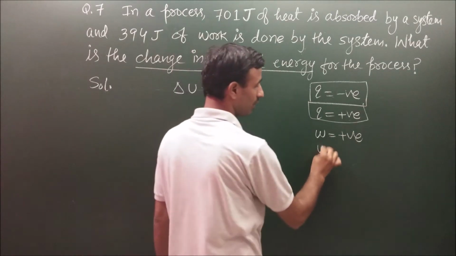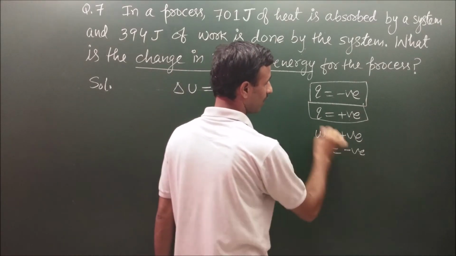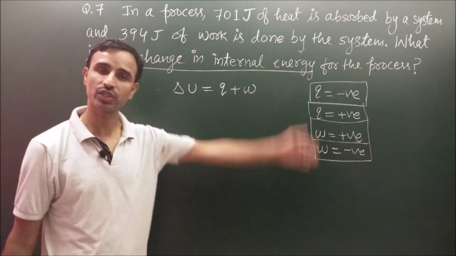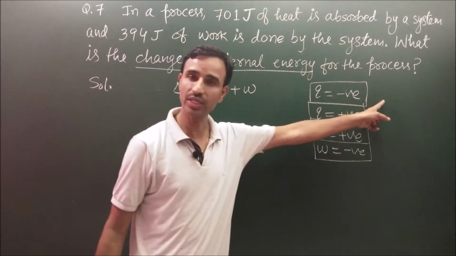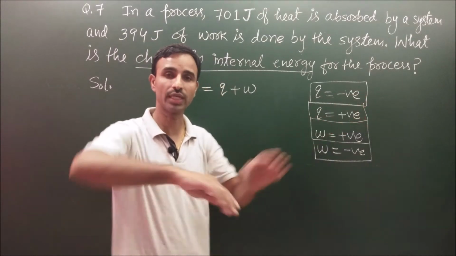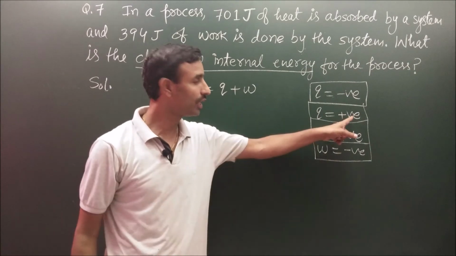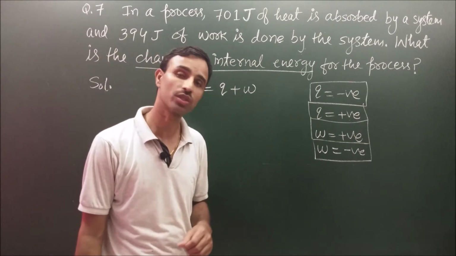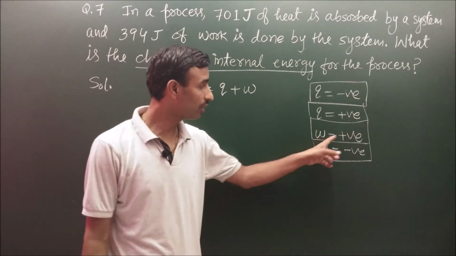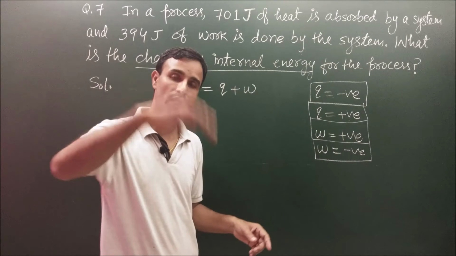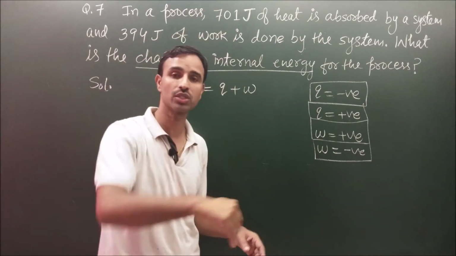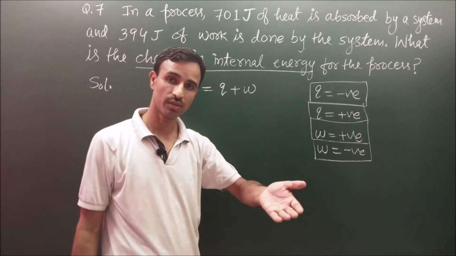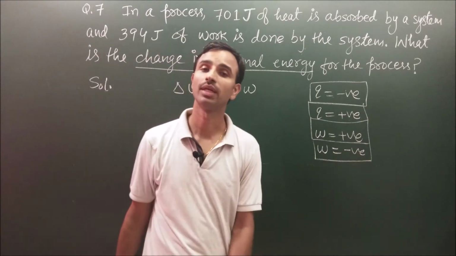And if work is done by the system, then work is negative. So these are the sign conventions. Heat released by the system is negative, because heat is taken out of the system. Heat absorbed by the system, heat is added in the system, so it is positive. Work done on the system means work is done by the external agency on the system, so it is positive. And if work is done by the system, that means W is negative.